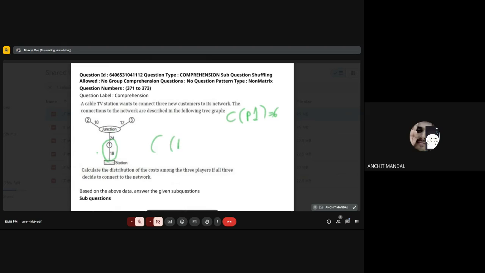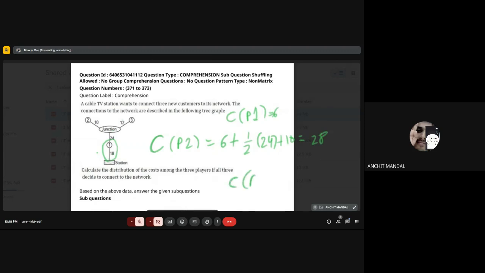Cost for player 2 is going to be 6 plus half of 24 plus 10. Sorry, you are right. So 6 plus 12 is 18, 18 plus 10 is 28.